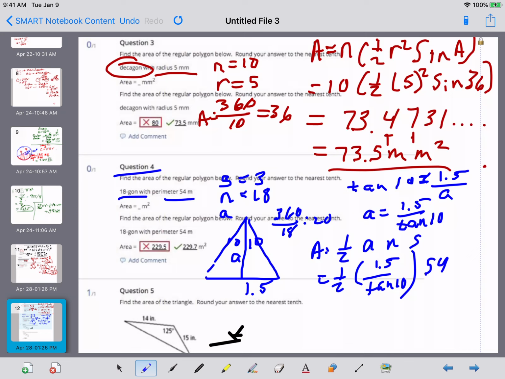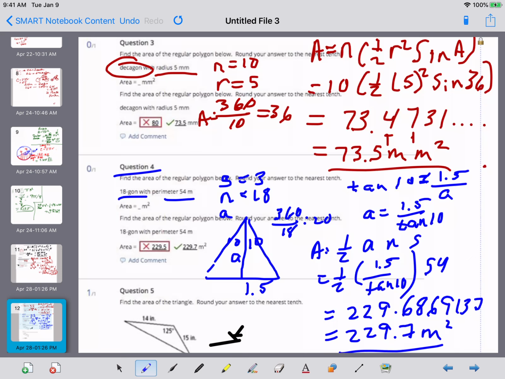So now half of 54 is 27, 27 times 1.5, divided by tangent of 10, and that is 229.68699137 in my calculator. And I'm going to round, and my answer should be 229.7 meters squared.